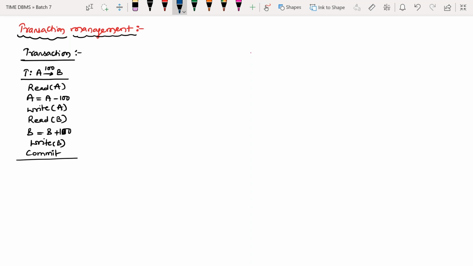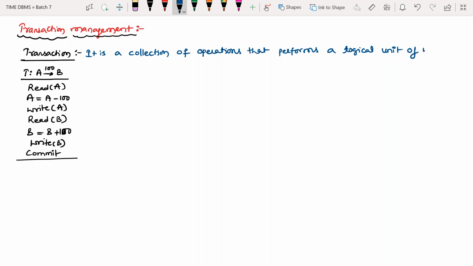Here we can say a transaction is a collection of operations that performs a logical unit of work.